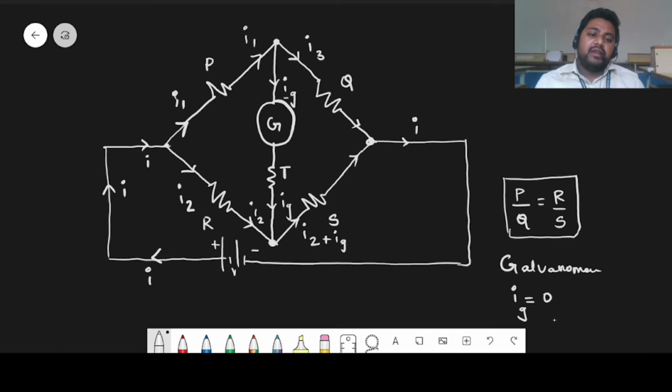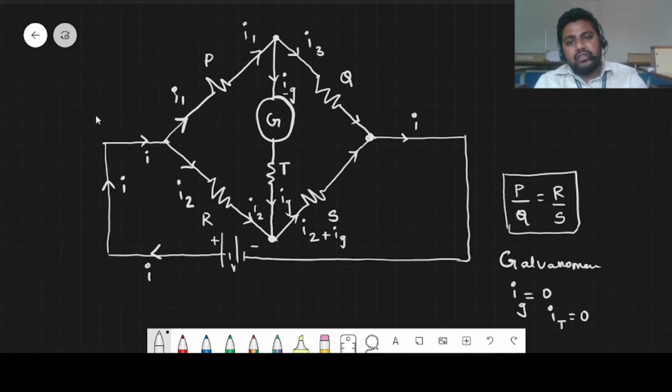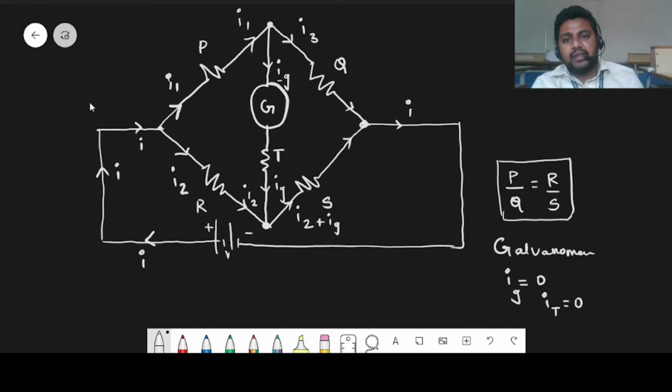That means the current passing through resistance T is 0. So this is one peculiar condition which explains that if the resistances are kept in this ratio, then the current flowing through this galvanometer will be 0. That means this is a shorted circuit. This galvanometer we can completely remove.